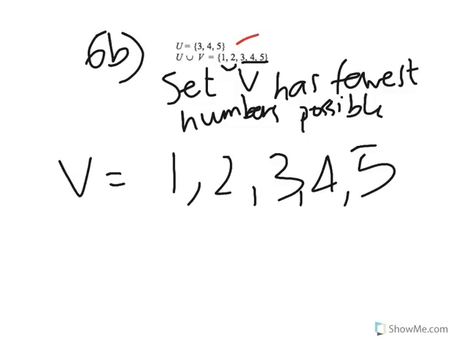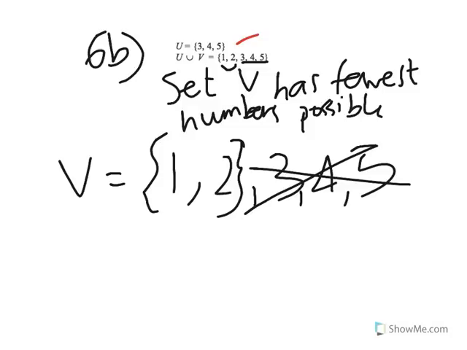But what the question is saying is that the set V has the fewest numbers possible, so it should only have the remaining two numbers, because U doesn't have them, so V must have them for U union V to be 1, 2, 3, 4, 5. So V is equal to 1 and 2, because it has to have the fewest members possible.